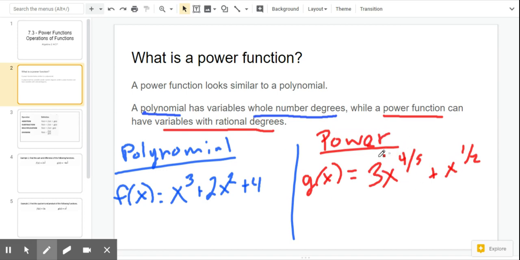So this function here, g of x, is just a power function. But if you remember, whole numbers are technically also rational because you can write them as 3/1, 2/1. So all polynomials are power functions, but not all power functions are polynomials, if that makes sense.